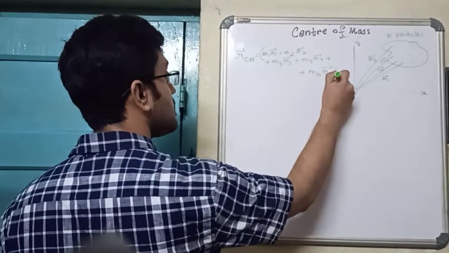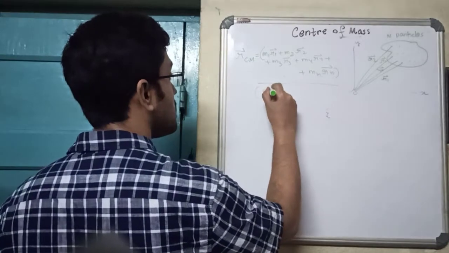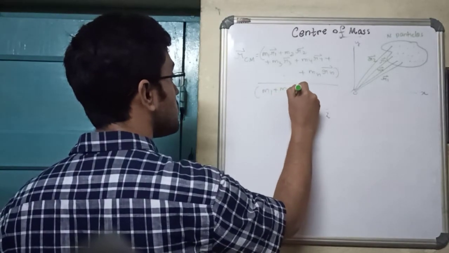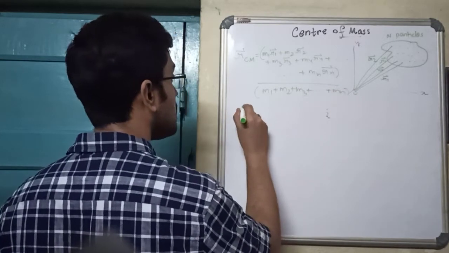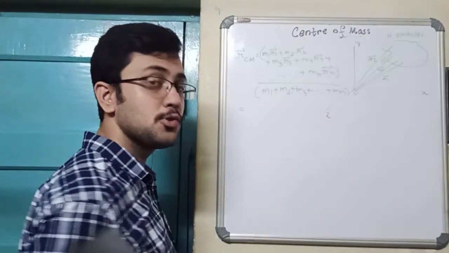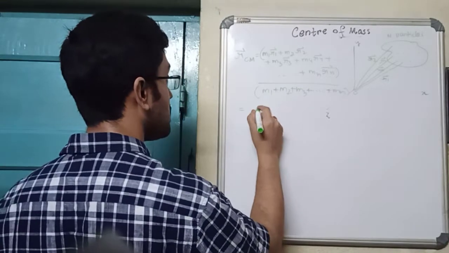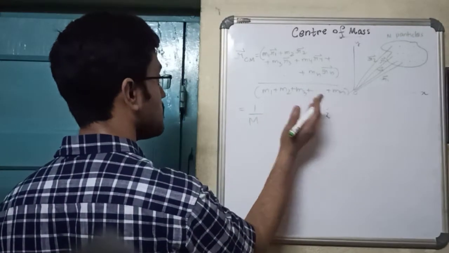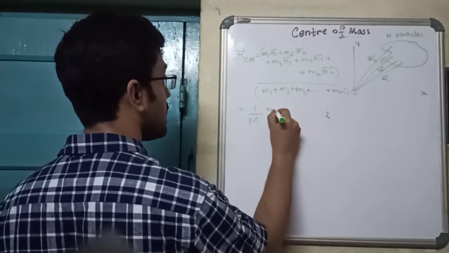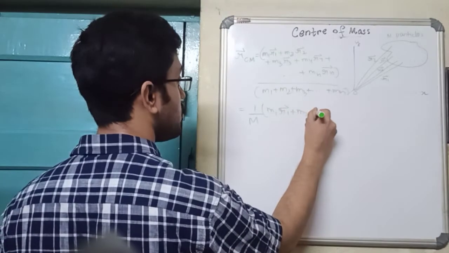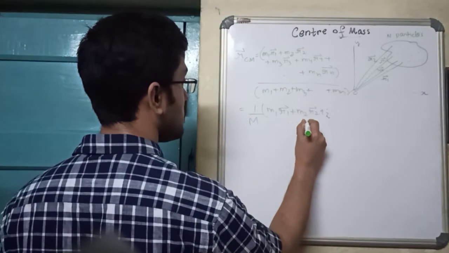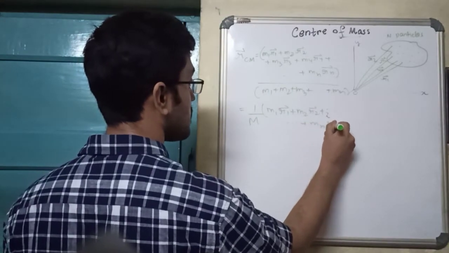And this entire thing will be divided by what? The sum of the masses of individual particles. Now what is this sum? That is the total mass of the body, so I call it capital M. So 1 by capital M comes in front times m1 r1 plus m2 r2, and so on. It goes on up to the nth particle.